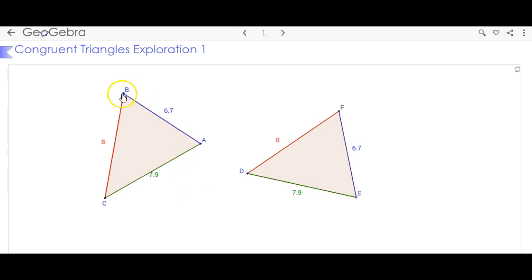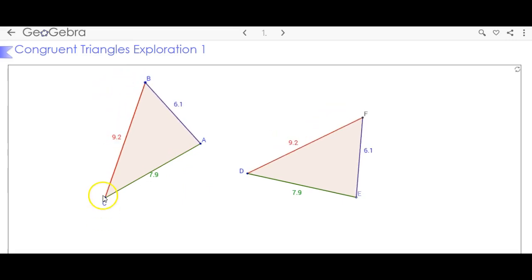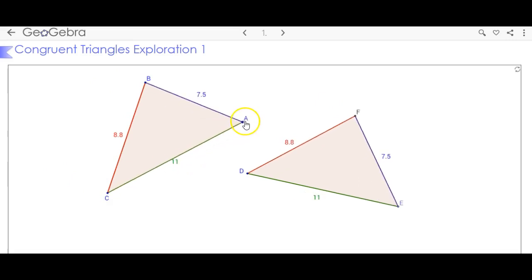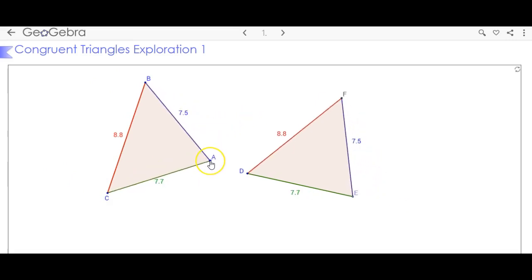In this particular example, nothing I do will prevent these 2 triangles from being congruent. So with this given information, the triangles will always be congruent no matter what.